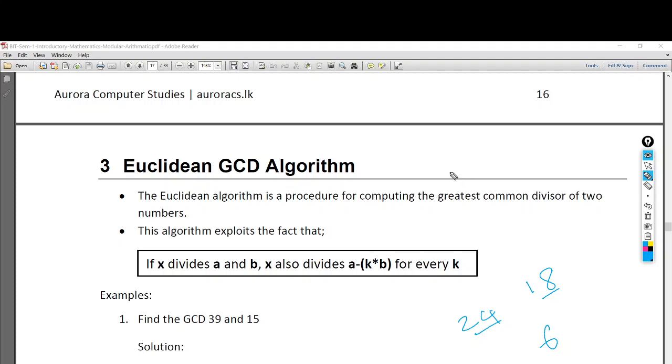If you take something like 36 and 18, that time it's going to be 9, because it's not 6 now, right? 9 is bigger than 6. 18 is divisible by 9, and 36 is divisible by 9. So therefore it is 9.